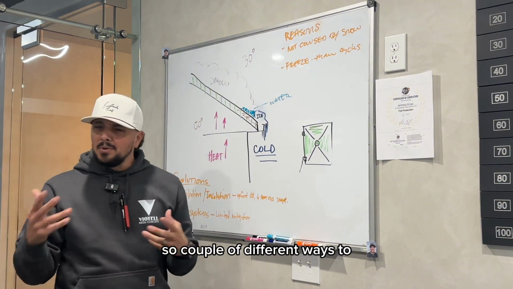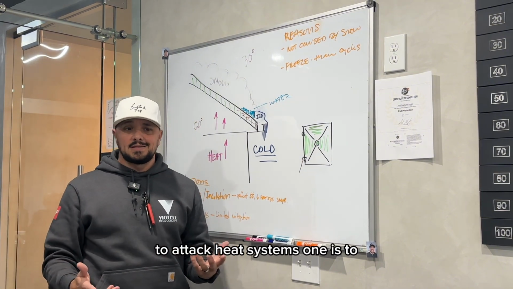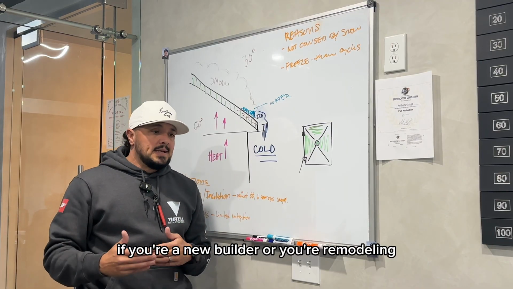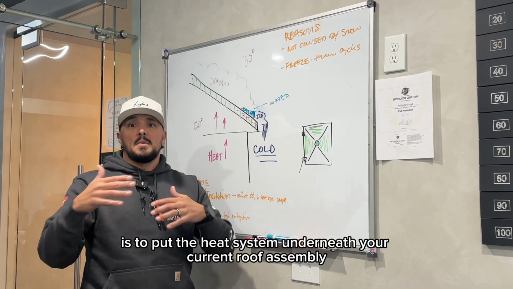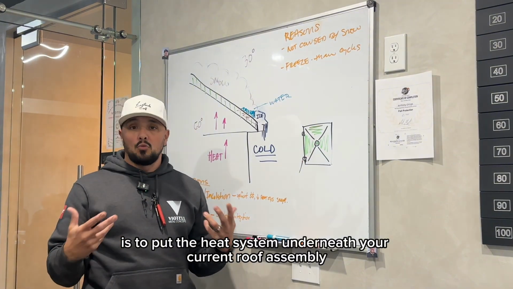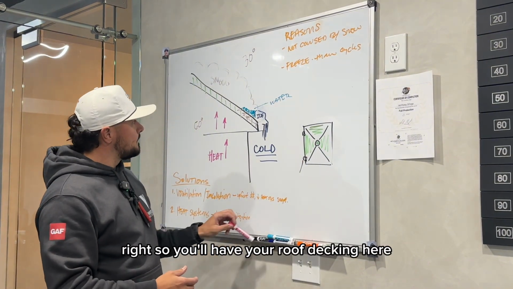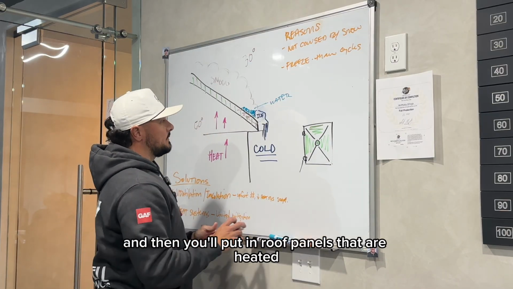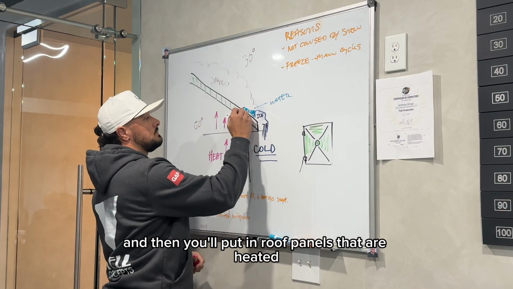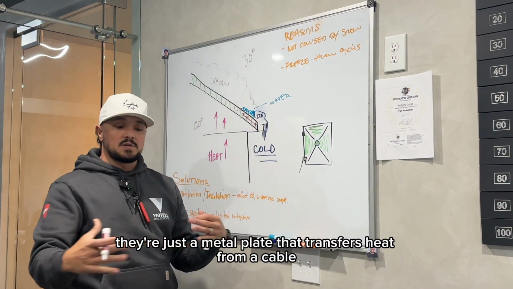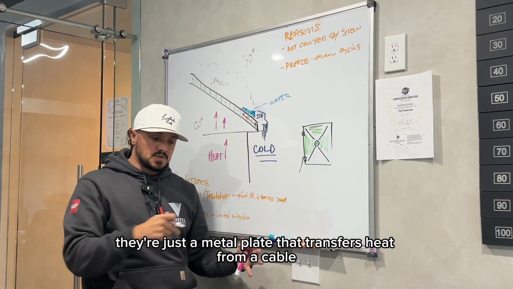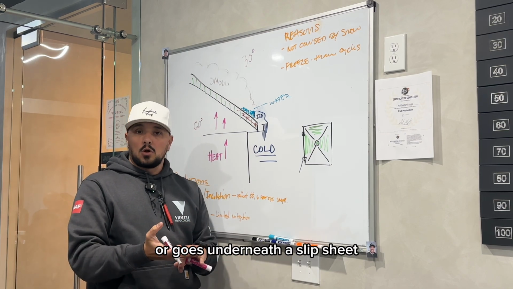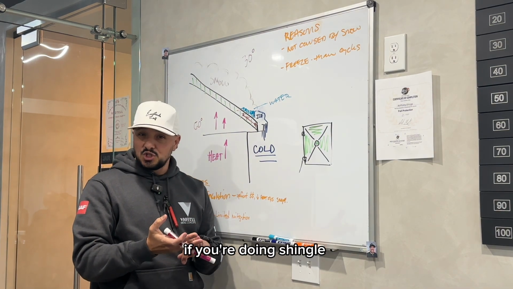So a couple of different ways to attack heat systems. One is, if you're a new build or you're remodeling, to put the heat system underneath your current roof assembly, right? So you'll have your roof decking here, and then you'll put in roof panels that are heated, and essentially they're just a metal plate that transfers heat from a cable, and it goes underneath either your metal or goes underneath a slip sheet if you're doing shingle.